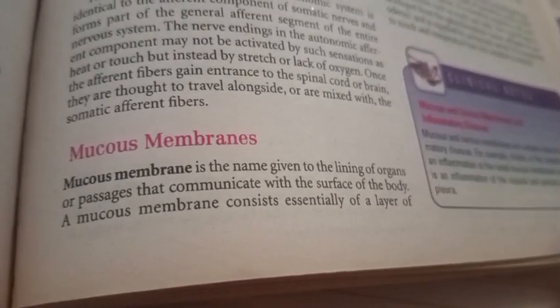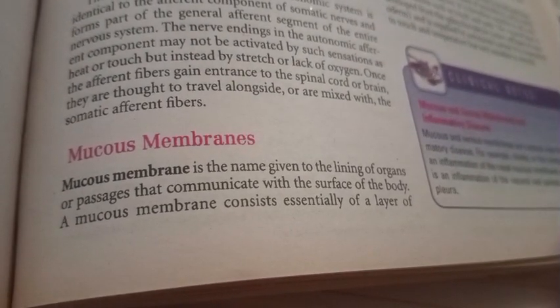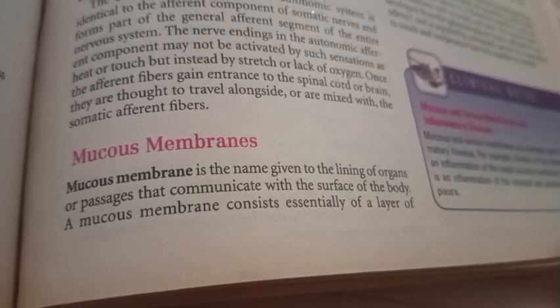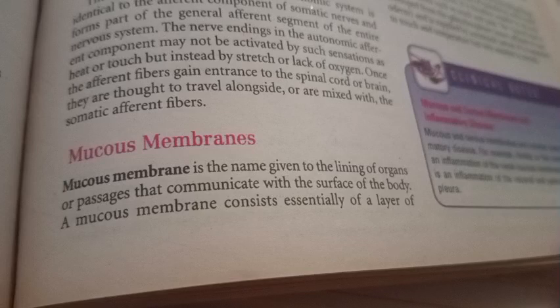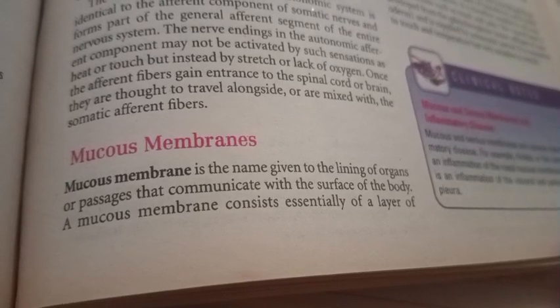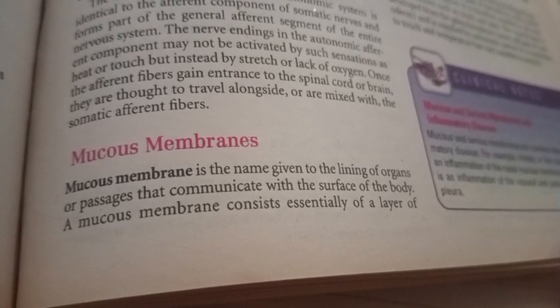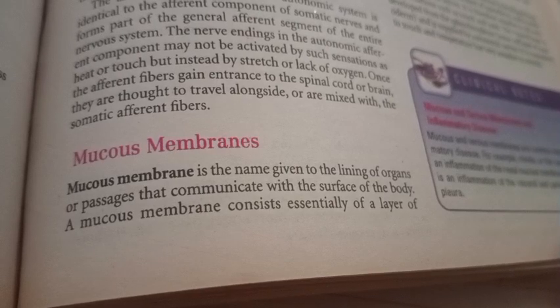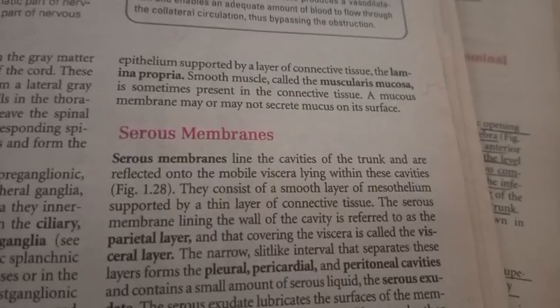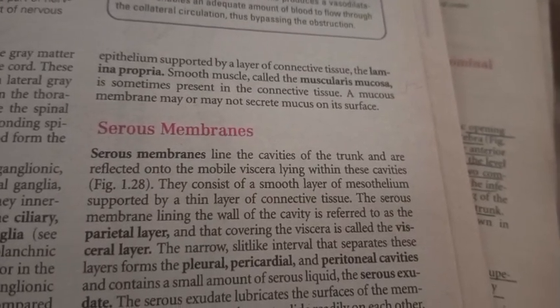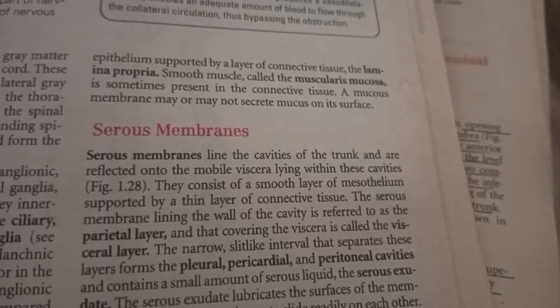The mucous membrane is the name given to the lining of organs or passages that communicate with the surface of the body. A mucous membrane consists essentially of a layer of epithelium supported by a layer of connective tissue, the lamina propria.